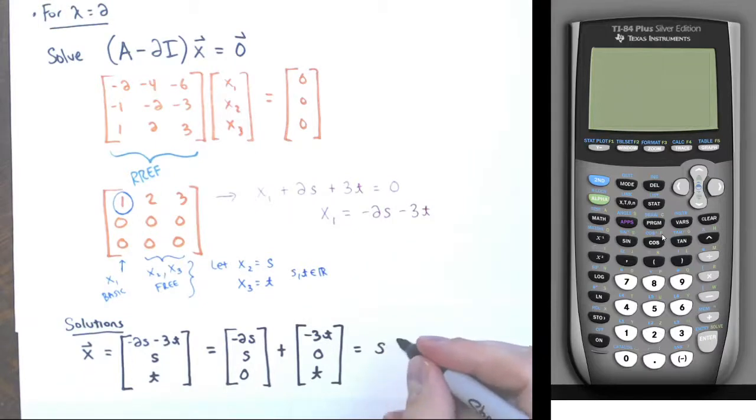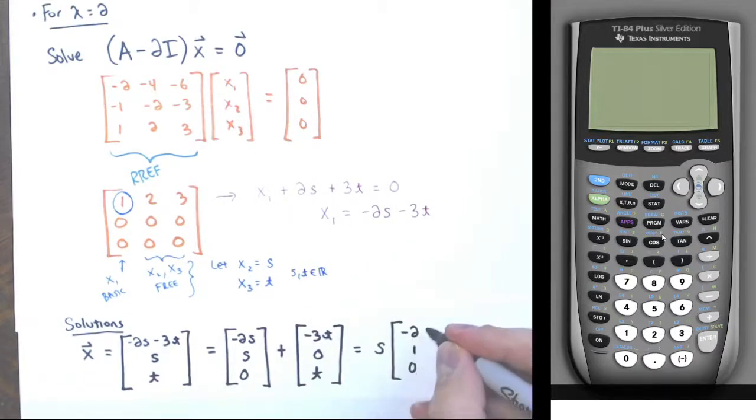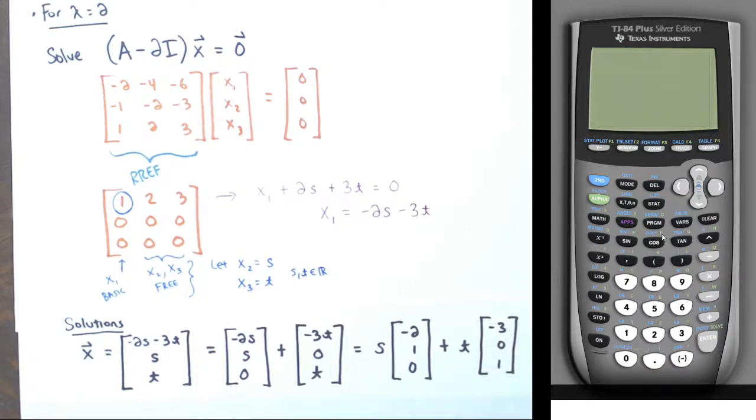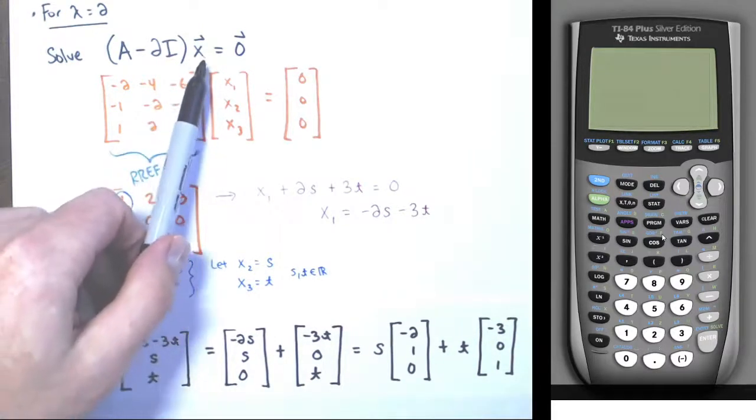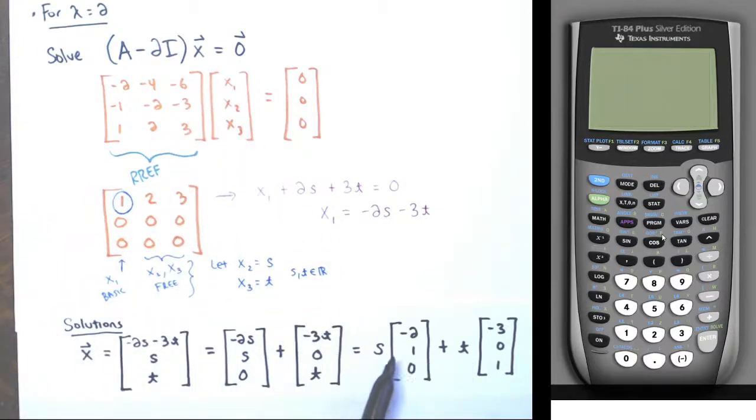So we have s times the vector negative 2, 1, 0, plus t times the vector negative 3, 0, 1. Do you see how every solution of this equation is a linear combination of the vectors negative 2, 1, 0 and negative 3, 0, 1?